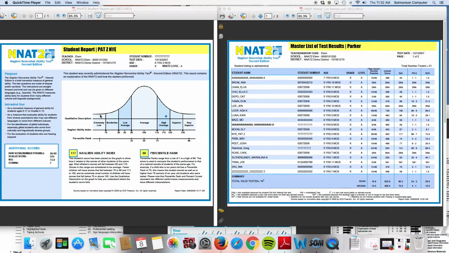Then we've got our normal curve equivalent up here that gives you a little bit more descriptive information. They're saying that anywhere between 90 and 110 on this NAI score would be average. His 117 falls in the high average, and it's really in the high average, so he's bumping over here close to the superior level.